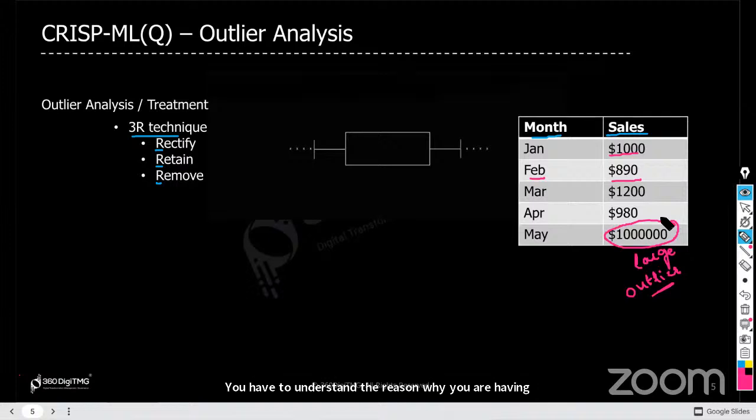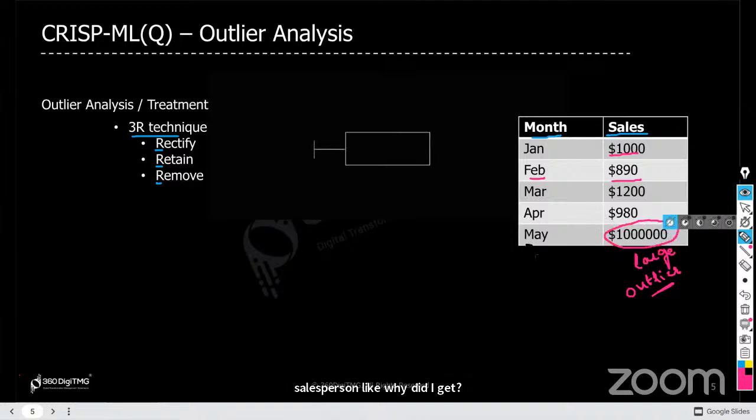For suppose, you have asked your salesperson, I'm telling you one cause: why did I get an exceptionally large value in the month of May? He told the reason, like, okay, he just copied and pasted the data by mistake. There are 2 additional zeros coming over here. That is the reason we have a large value in our data set.